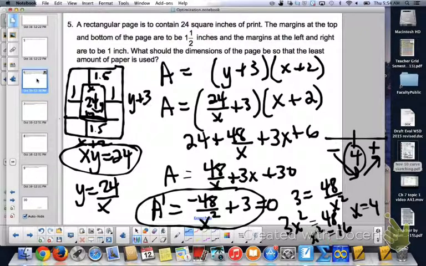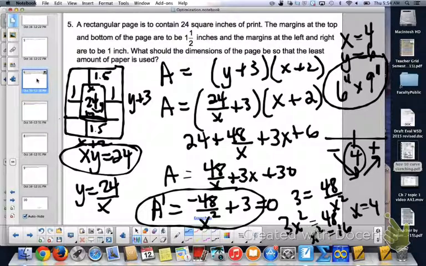So when x equals 4, y is 6. So the dimensions of our page: x plus 2, so 4 plus 2 is 6 inches by 9 inches. That would give us the minimum amount of paper used. I got 9 by doing y plus 3. All right, so there you go.